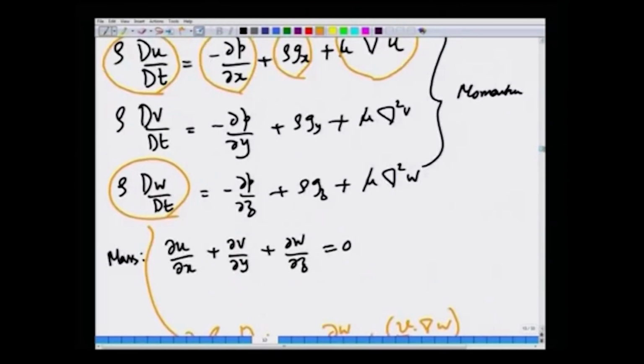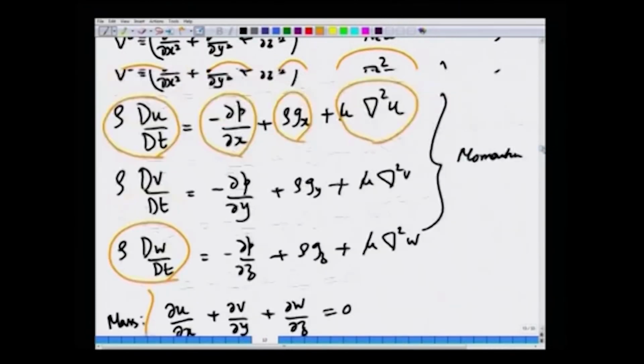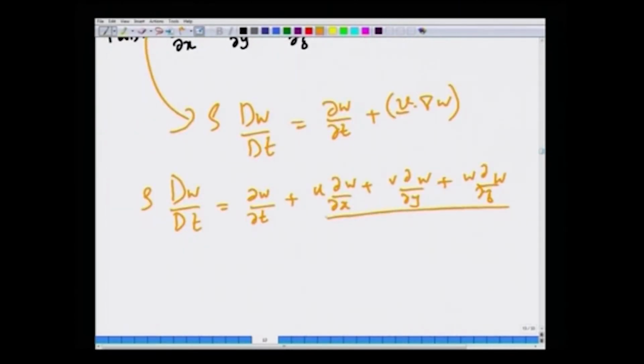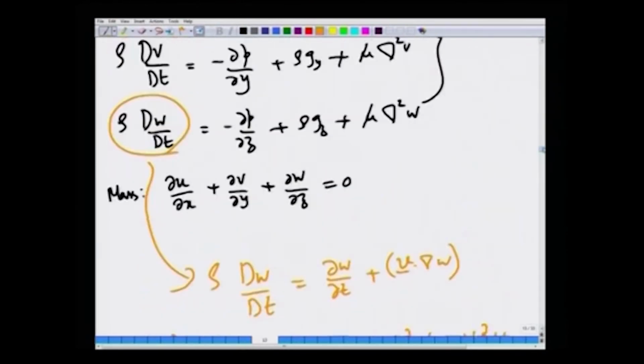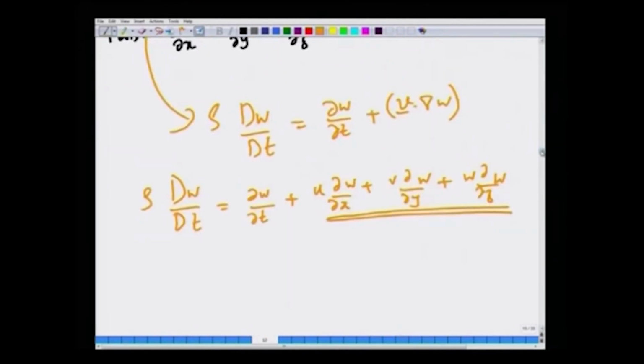So, each of these equations is coupled to the other equations through these terms, because if you want to write an equation for the z momentum, it appears like w is only a function of w and pressure, but that is not so, because the substantial derivative tells you what is the total acceleration of a fluid particle, that is equal to the local acceleration, the partial derivative of w with respect to time, plus the convective acceleration.